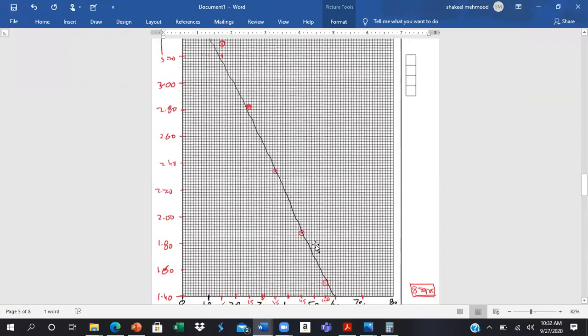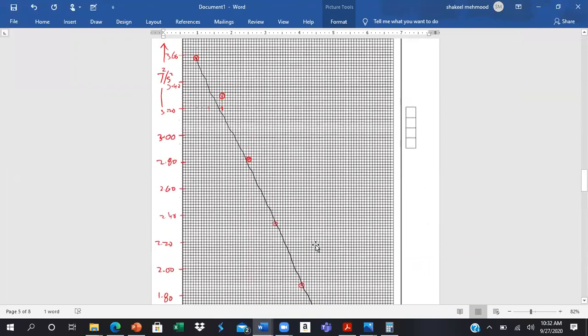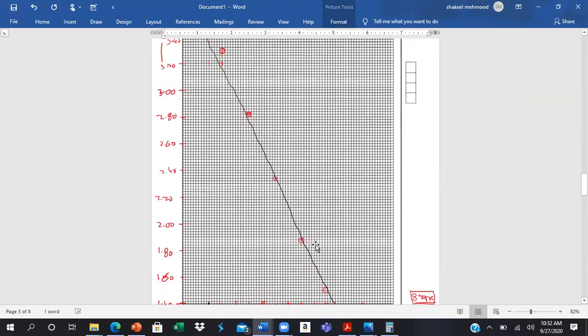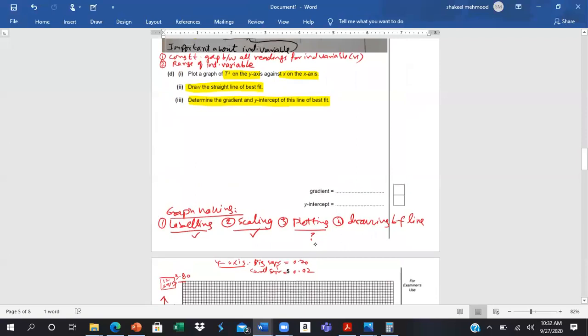So your line would be a best fit line. If you look, let's imagine that this line is a straight line. All the points are coming on the line, only one point is above, and this point is a bit below. The point that is too far, you can just label as an anomalous point, right? So we are done with part 1 and part 2 as well.